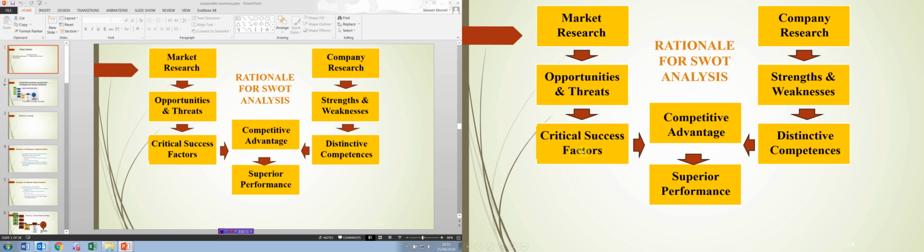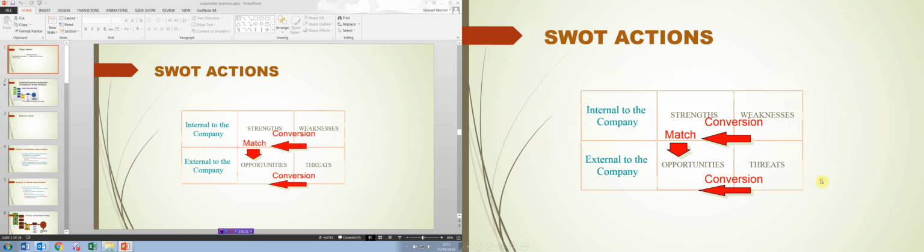That will lead to your external stuff, which will lead to what your critical success factors are, and internal, what your distinctive competencies are. And all of those are supposed to enable you to have a competitive advantage, and to give a superior performance in what you're actually attempting to achieve, which generally is sales.